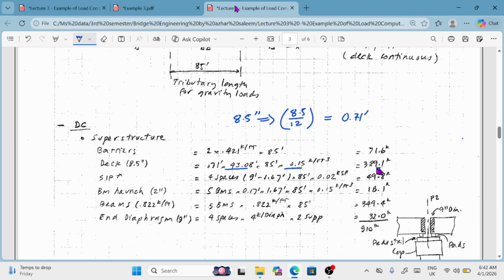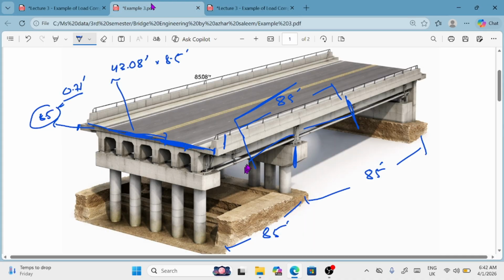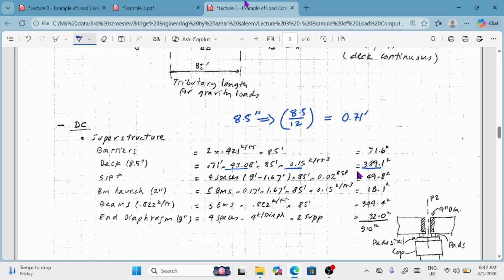So the deck load on the pier will be 389.1 kip. Deck load on this pier will be this much, 389.1.